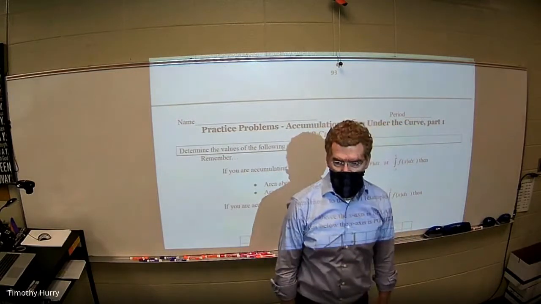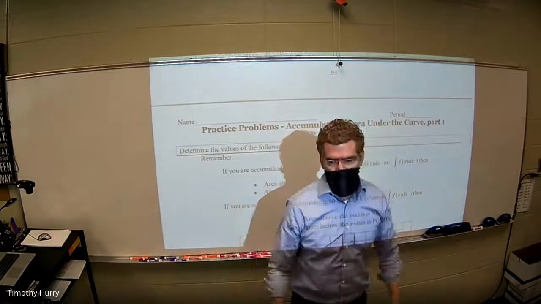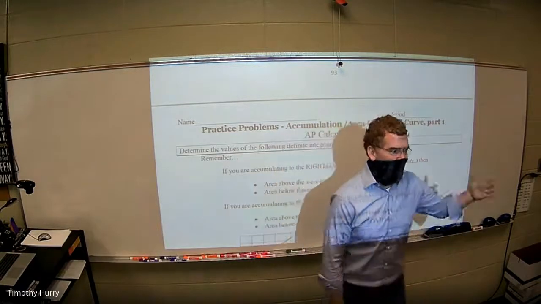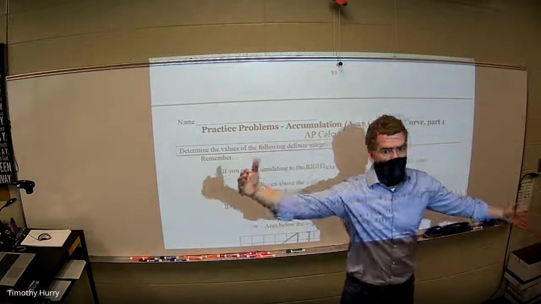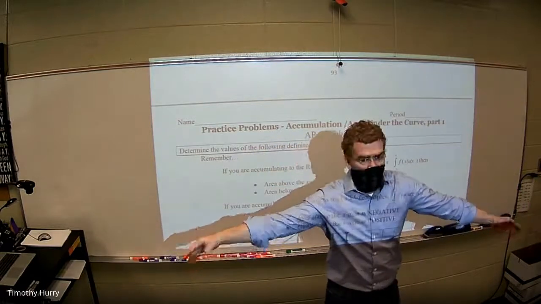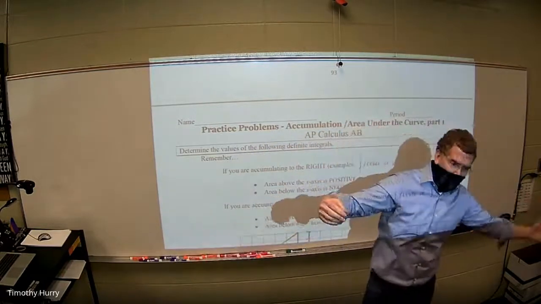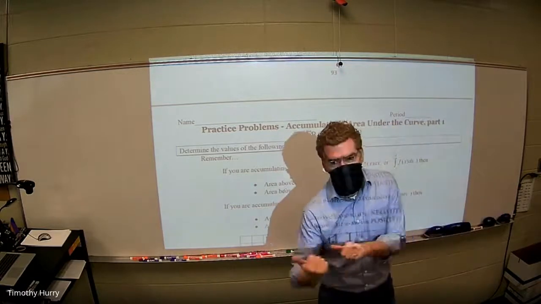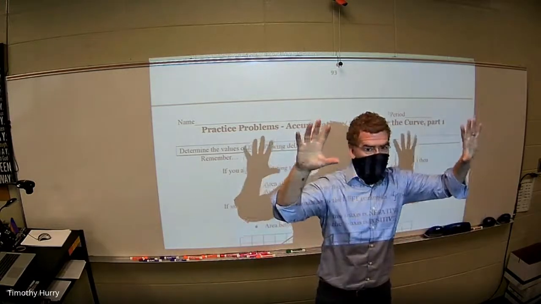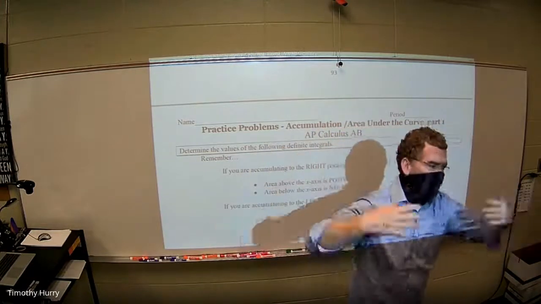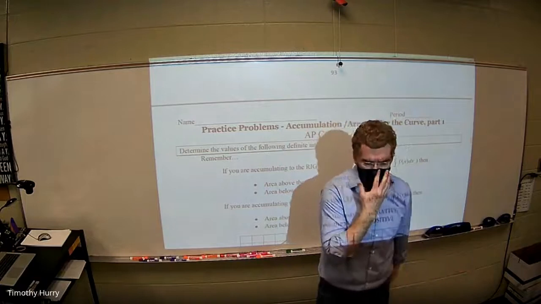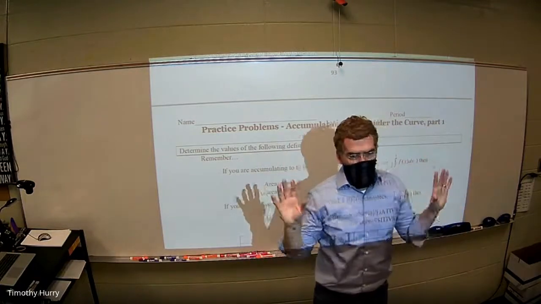Now, if I reverse that, everything gets reversed. So if I was going to go from time 10 to time 2 on a curve, and it may not even mean time, it could be x = 10 to x = 2, as I accumulate this way, anything above is going to be negative and anything below is going to be positive. A lot of people like to just go, that's one more thing in my brain I don't like.